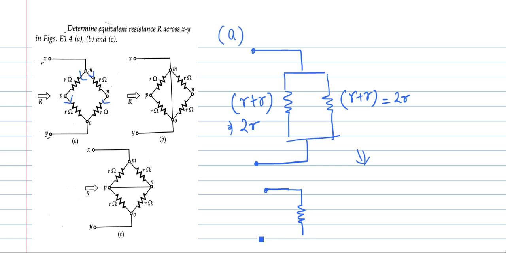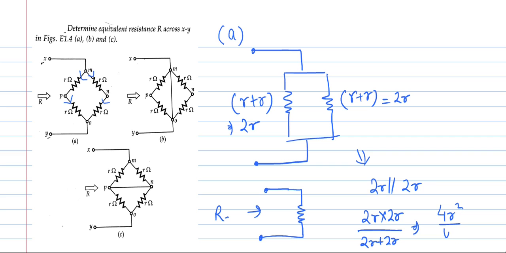These two 2R are connected in parallel. So it will be 2R in parallel with 2R, that is 2R into 2R upon 2R plus 2R. So that is 4R squared upon 4R, that is equal to R. So this is the value of equivalent resistance in the first figure.